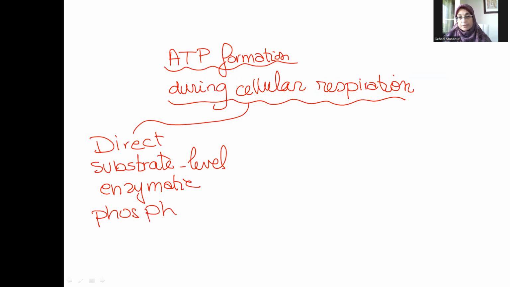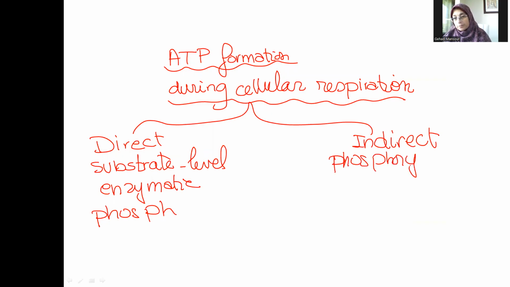And we have indirect phosphorylation through oxidation.